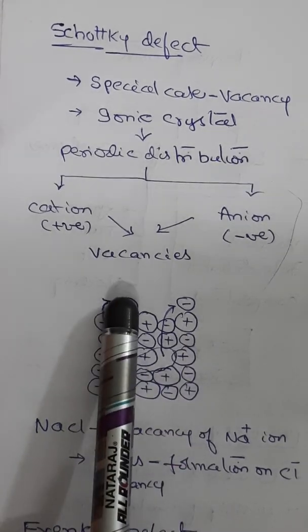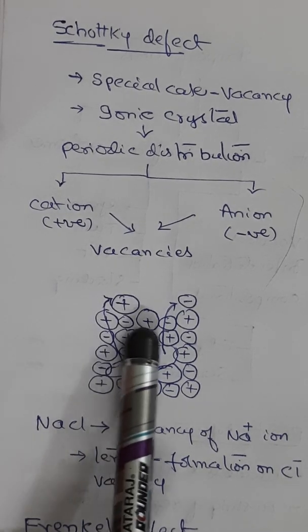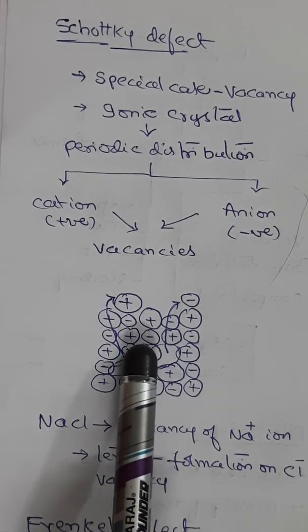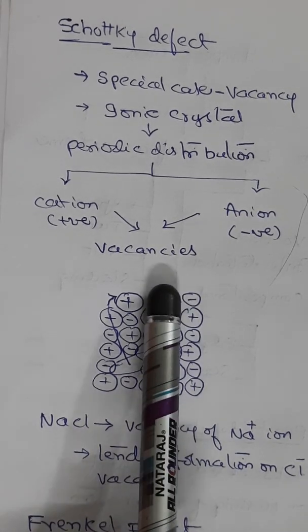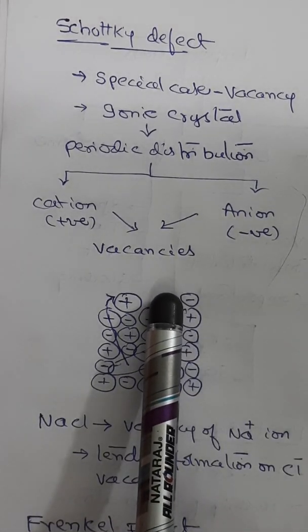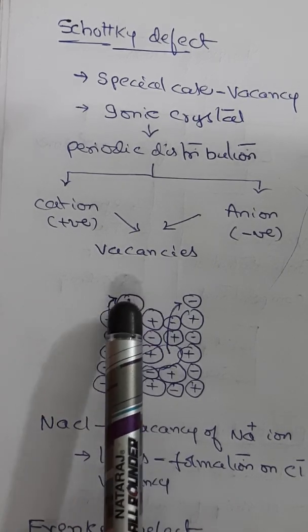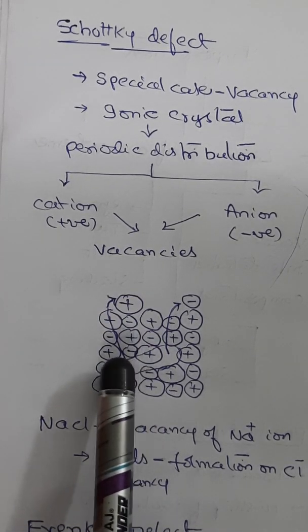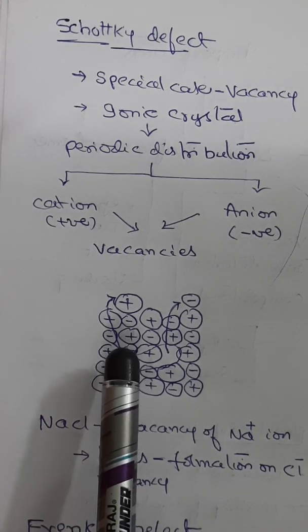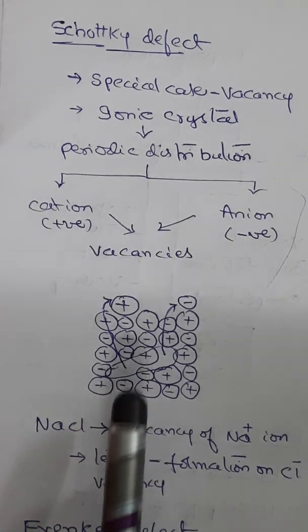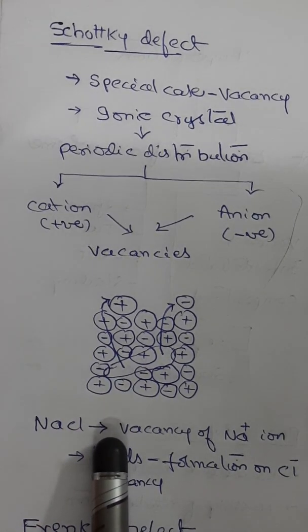The moment the positive ion comes out, naturally the negative charge inside increases, so to maintain stability the corresponding negative ion is also forced to come out onto the surface. Therefore, a positive and a negative ion vacancy pair is created inside the crystal. Such a pair of vacant sites is known as Schottky defect.